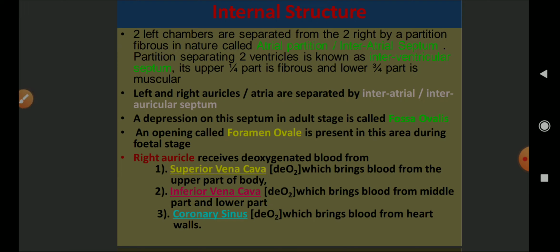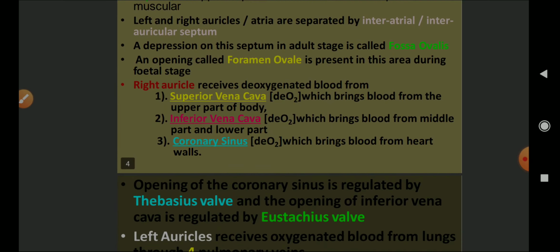The right auricle receives deoxygenated blood, as we have seen in the previous episode and right now also. The right auricle receives deoxygenated blood from the superior vena cava, from the upper part of the body, through the inferior vena cava, from the middle and lower part of the body, and the coronary sinus, which brings blood from the heart walls to the auricular chamber.